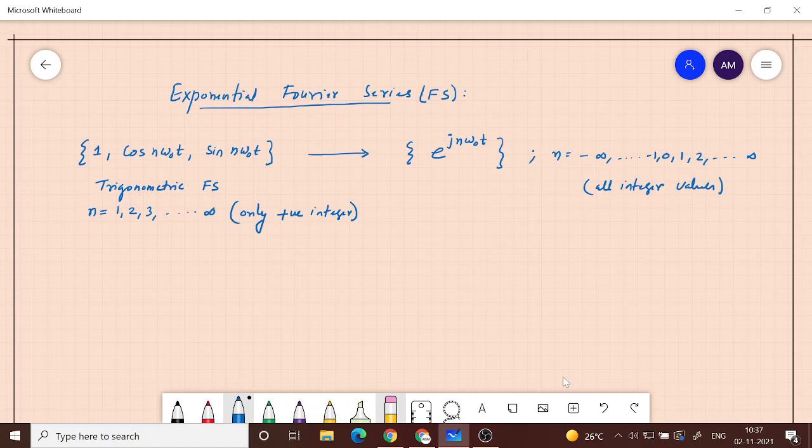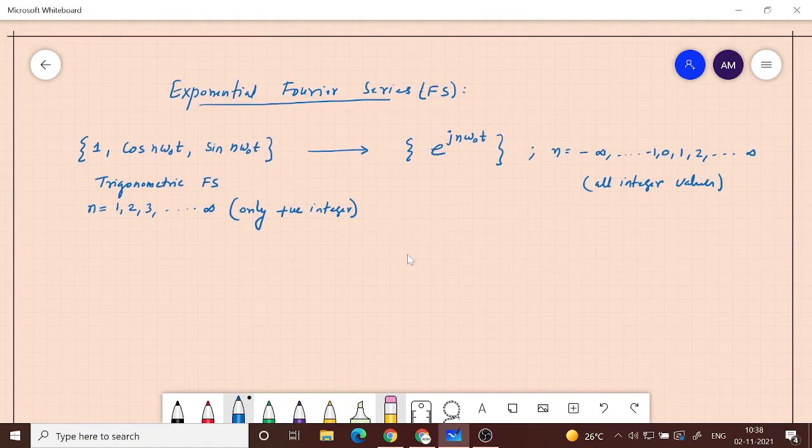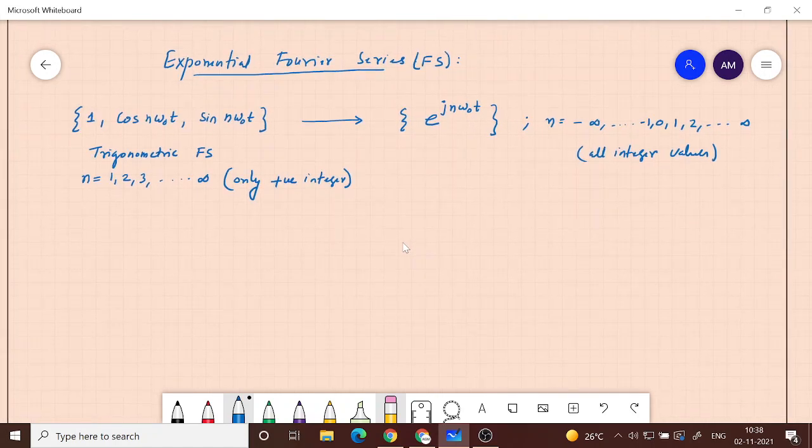So both of these functions are there, with an additional quantity, square root of minus 1 or j, an imaginary value, in order to keep the cos and sin separate. So this is our set for the exponential Fourier series.